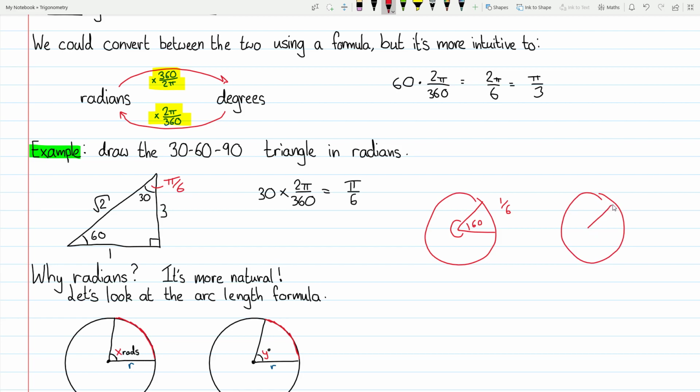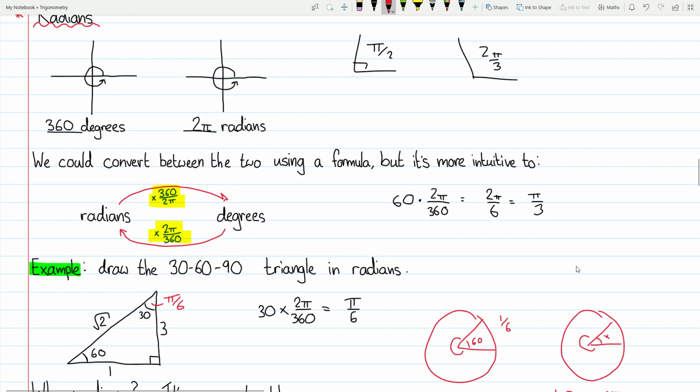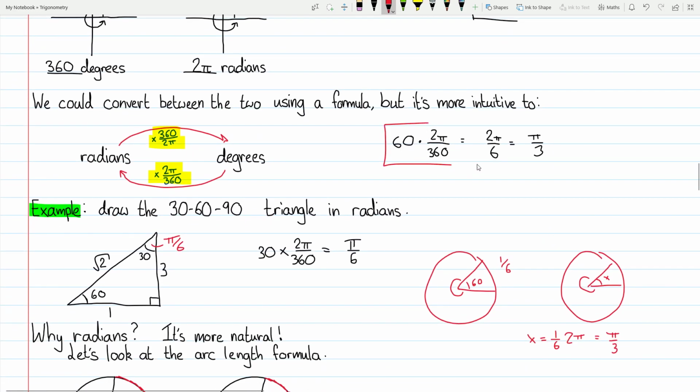So if we want to find the same angle in radians, we know that the whole thing is 2 pi units, and this angle here is 1/6 of 2 pi. It's the same ratio, so this is just going to be pi over 3. And if you notice, we actually did convert this 60 degrees into radians beforehand.